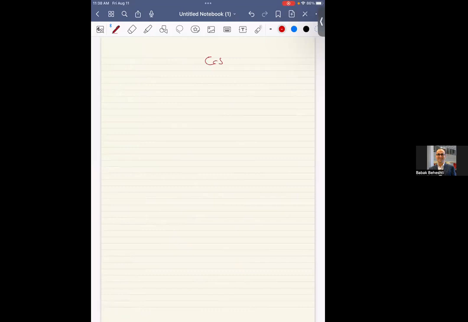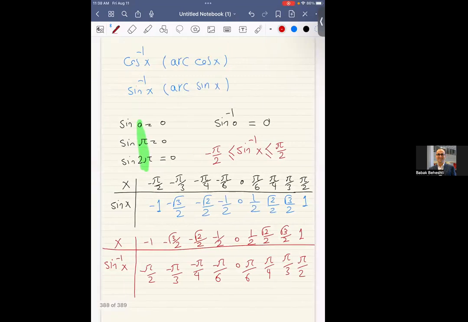So cosine inverse of x is between 0 and pi. If you do the same analysis for cosine, the only difference is that the cosine inverse is between 0 and pi.